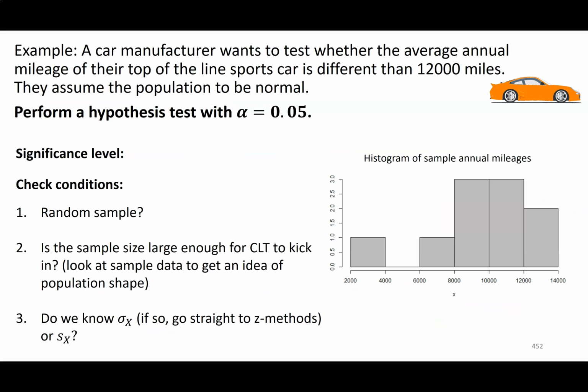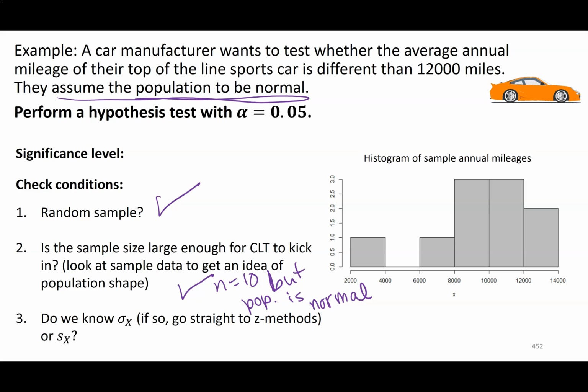So checking through here, it is a random sample. Maybe I missed this on the earlier one. We're assuming the population is normal. Because the population is normal, a sample of size 10 is going to be good enough. So yes, n is 10, but the population is normal. And we don't know sigma. So I ask, do we know sigma?